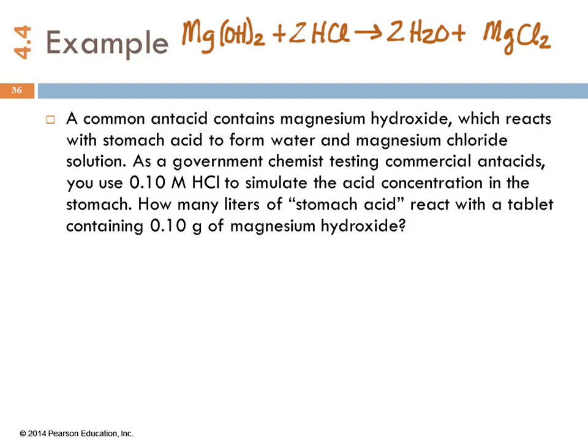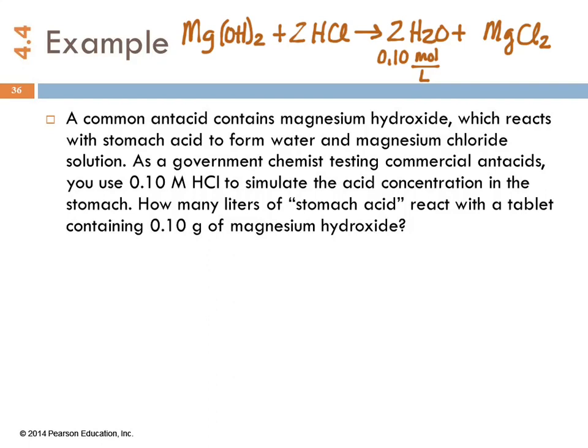We need that, and that can help us to organize these numbers that they gave us. 0.10 capital M HCl. So I'm going to write that under the HCl. 0.10 moles per liter.